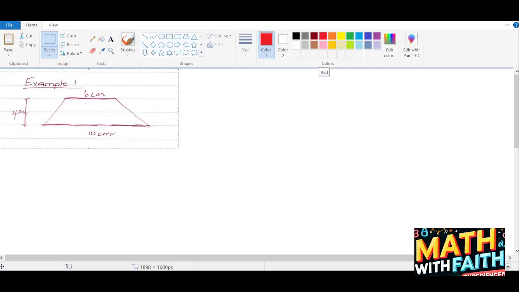And we know it's a trapezium because there is only one pair of parallel lines, right? And there are four sides. So it is a quadrilateral with one pair of parallel lines. So that's a trapezium. And they have given us the perpendicular height and not the slant height.